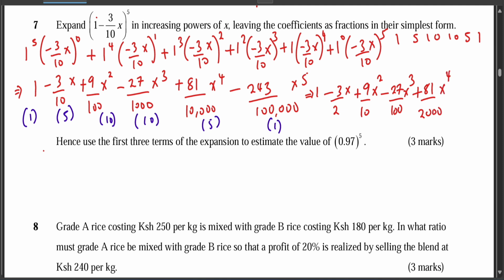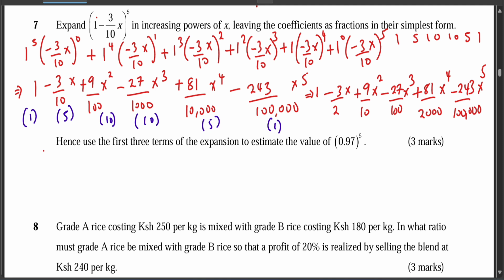And the last one, it should give you negative, just the same thing, so it gives you negative 243 over 100,000 x to the power of 5. So that's your final answer. We haven't finished yet.